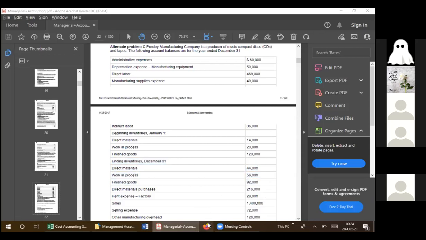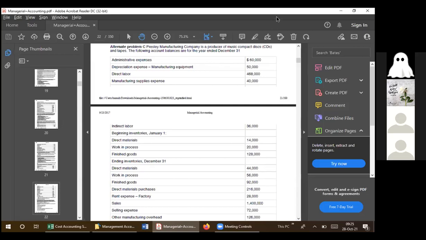I think I uploaded the structure also there. It must be called the cost accounting solved problems. Maybe you can find it there, otherwise I'll put it now.